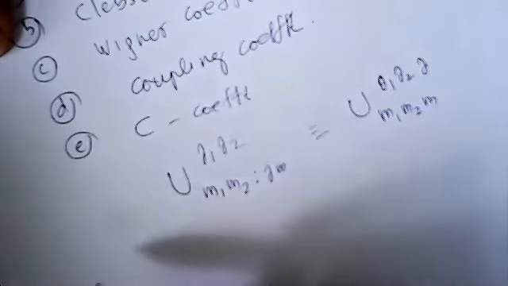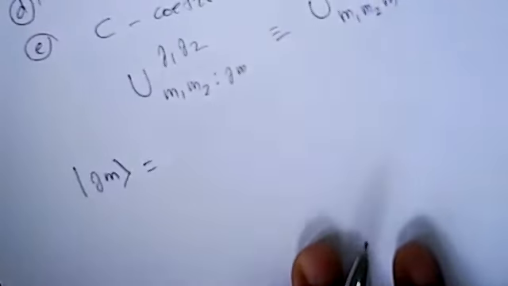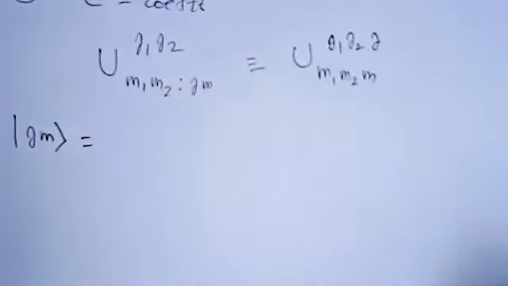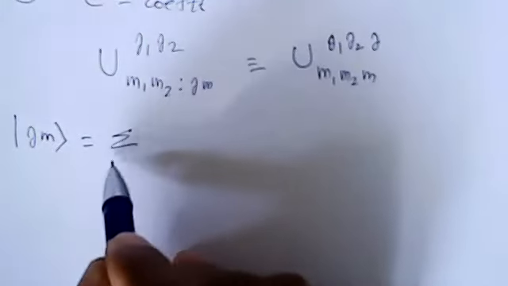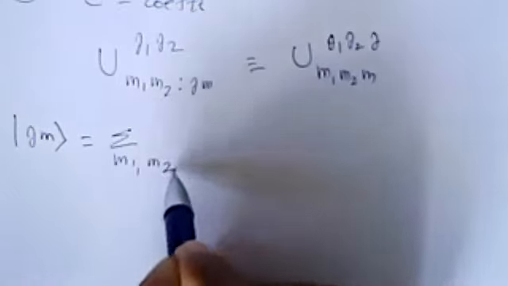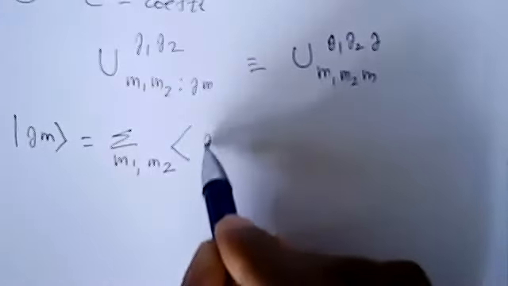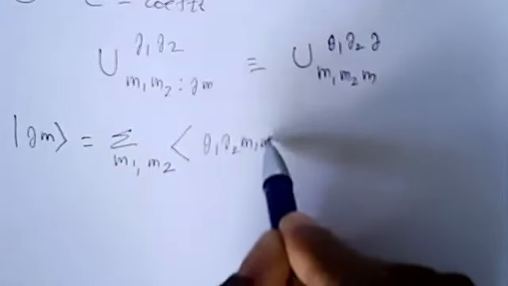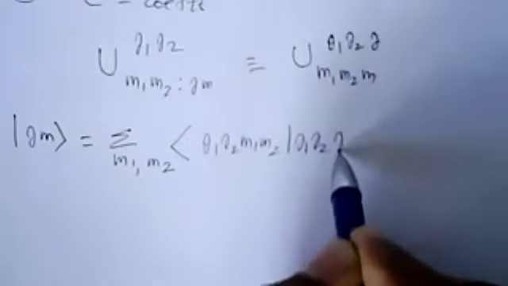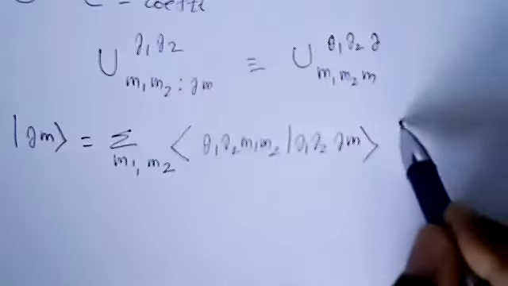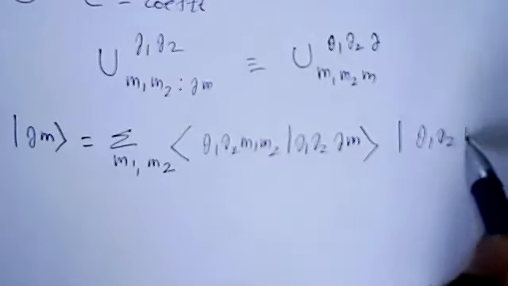Okay. So our coupling equation becomes ket jm equal to sum over m1 m2, j1 j2 m1 m2, j1 j2 jm, acting on j1 j2 m1 m2.